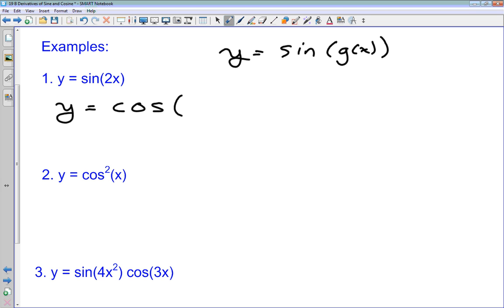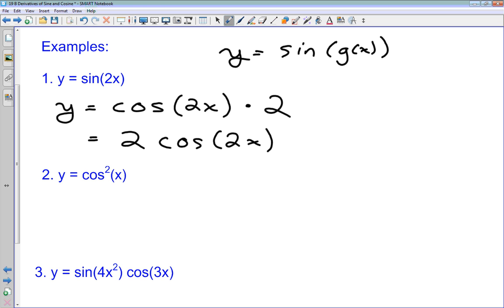Our inner function is the 2x, so we keep that 2x the same. So our first term is cosine of 2x. Chain rule, we multiply by the derivative of that inner function. Our inner function is just 2x, so our derivative is 2. So we could rewrite this as 2 cos 2x.